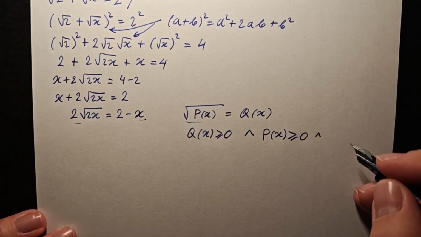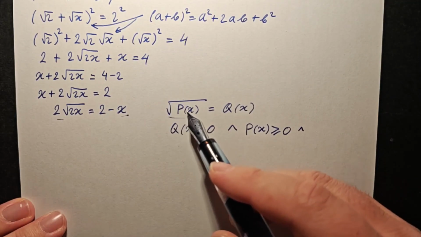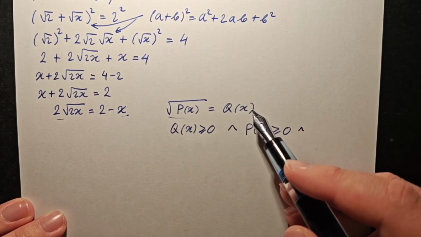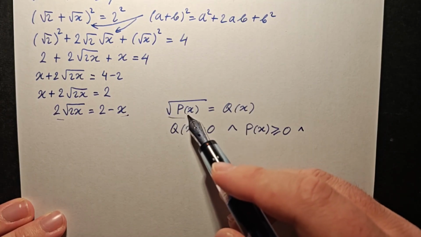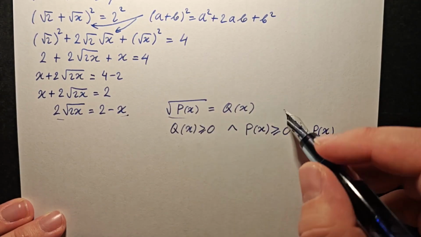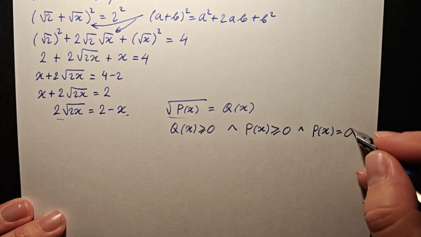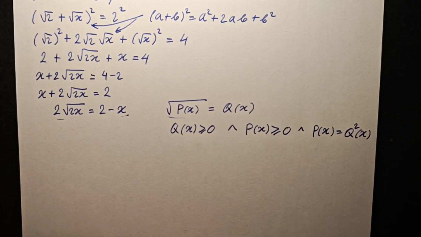And the third term which we have is just solving this equation. How are we solving it? Well, we are going to put it to the power of 2. So we have p of x on the left side of the equation, and that is equal to q of x squared on the right side of the equation.